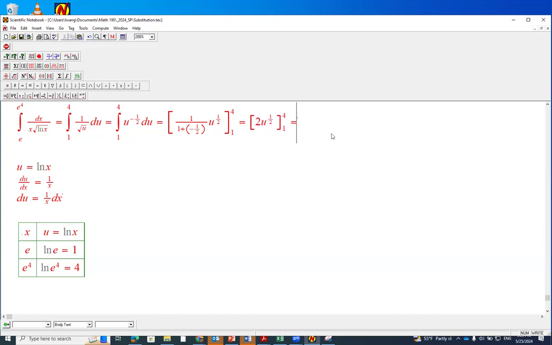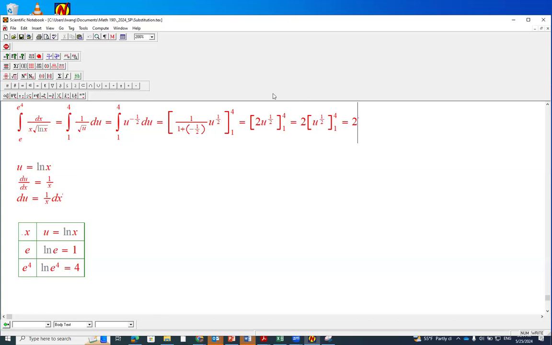Then we're going to plug in the 4 and 1, applying fundamental theorem of calculus part 2. You can keep the 2 inside, or you can leave the 2 outside. So bring the 2 outside, and when you plug in, you don't have to worry about the 2.